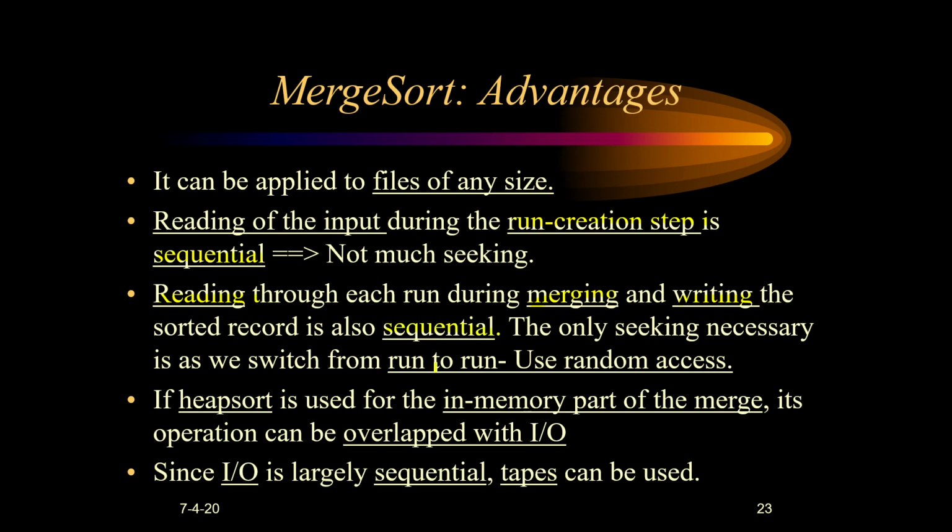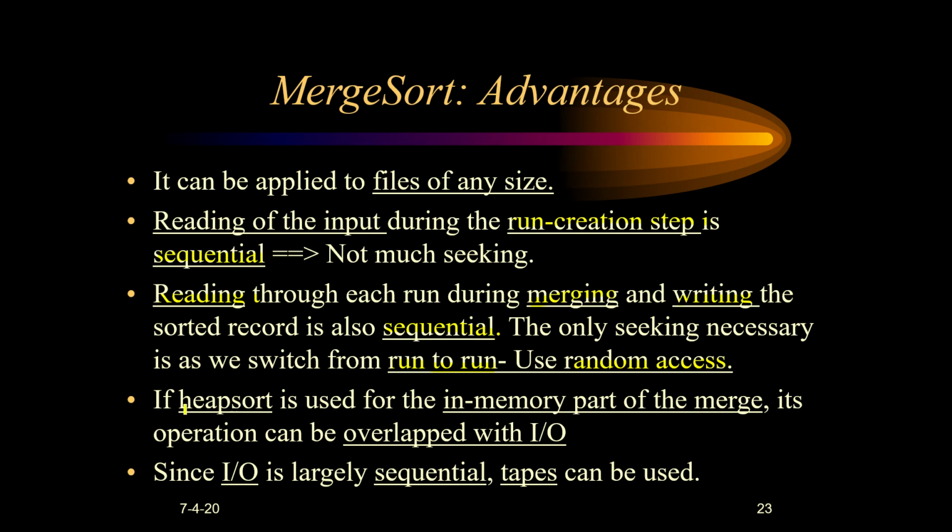Throughout the sequence, the only place where we don't have sequential access is whenever we switch from one run to another run. Here the technique used for accessing is random access, so we can end up with long seeking time, because it is not sequential.